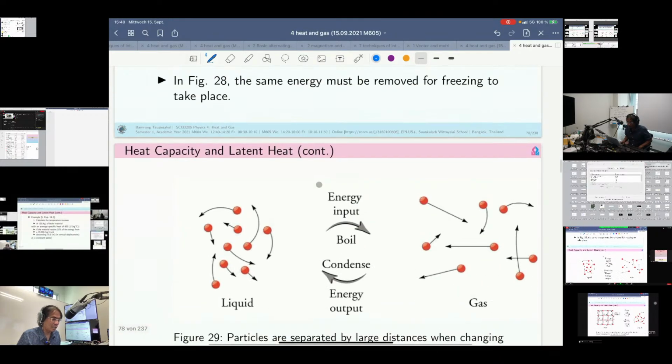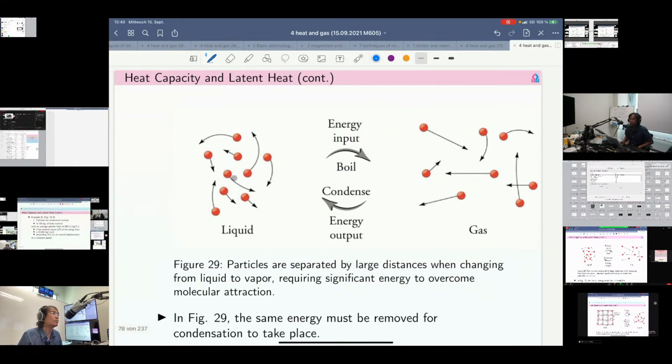The next one is changing the phase from liquid to gas, and we put heat into this. The separating distance among the gas molecules will be quite far. If you take the heat out of the gas, the molecules will stay closer together.